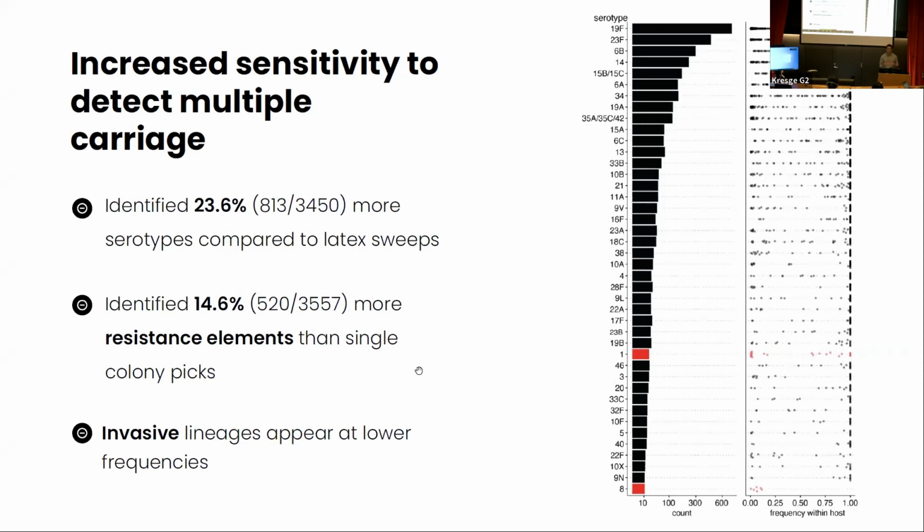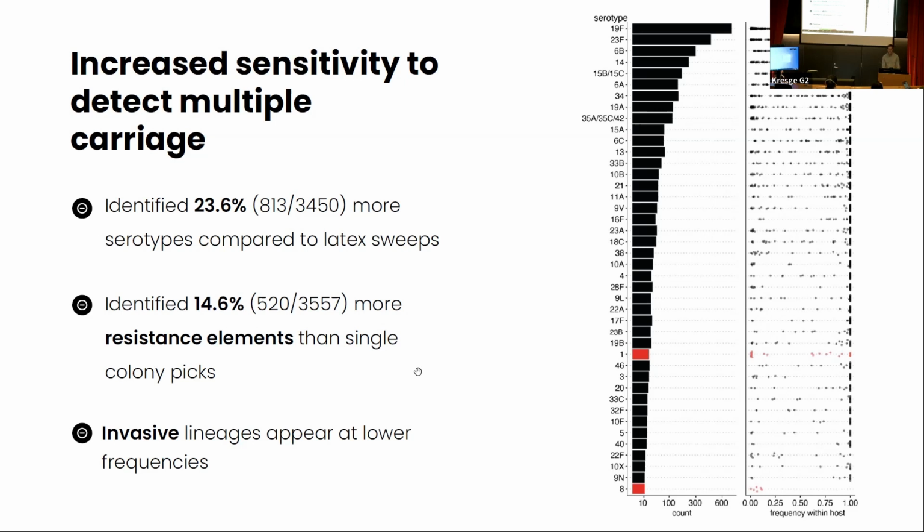So this approach is much more sensitive, and along with that, as well as just identifying the serotype, which is all that you can see when you do latex sweeps, we could also look for resistance elements. Using this approach, we identified just around 14% more resistance elements than if we'd just taken a single representative genome from each of these samples.